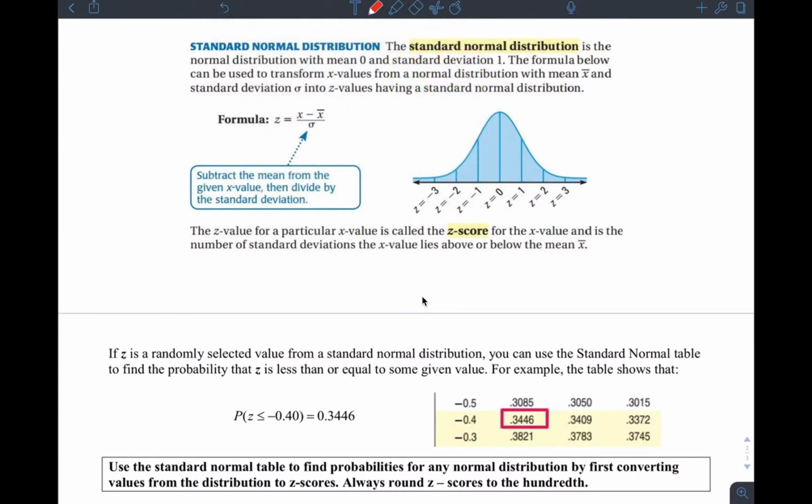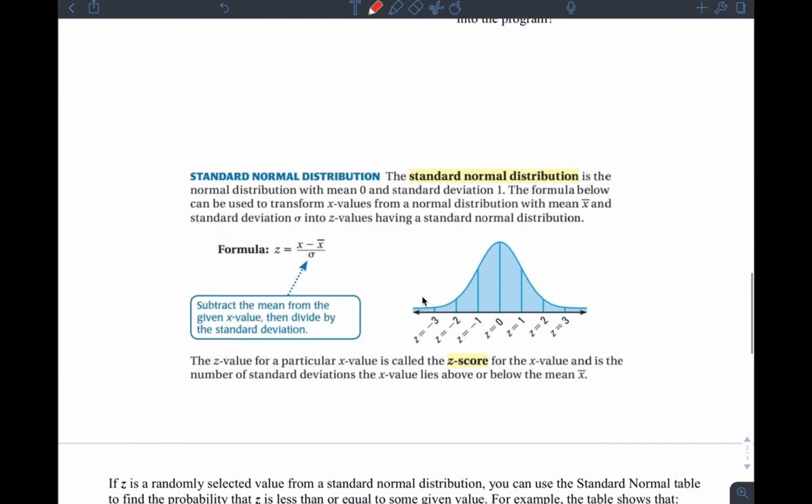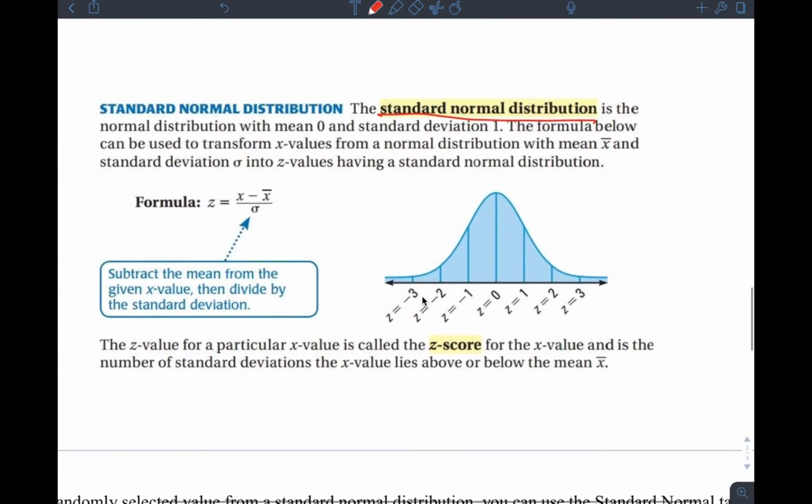The standard normal distribution is a very powerful tool, and it's important that you understand what this is all talking about. The standard normal distribution is still a normal distribution, but its mean, x bar, is always 0, and sigma, the standard deviation, is always 1. If you look at this, it says z equals 0.